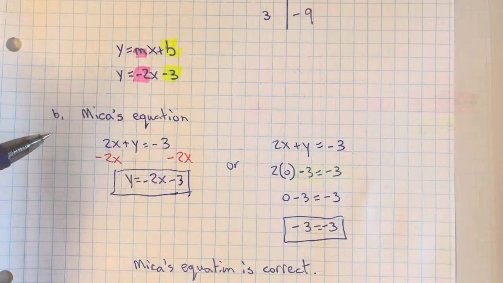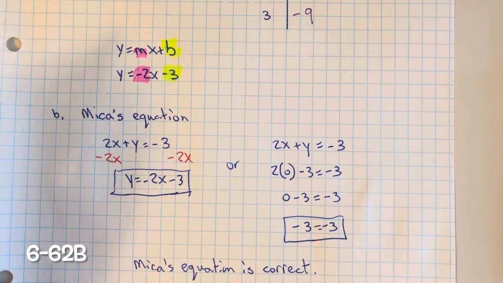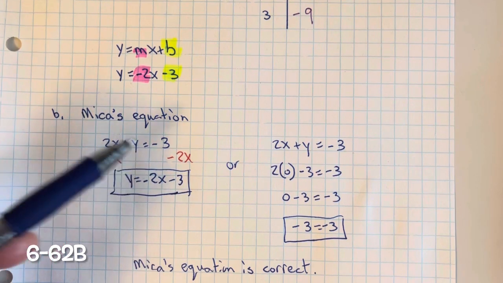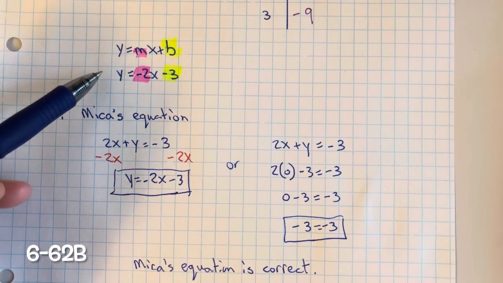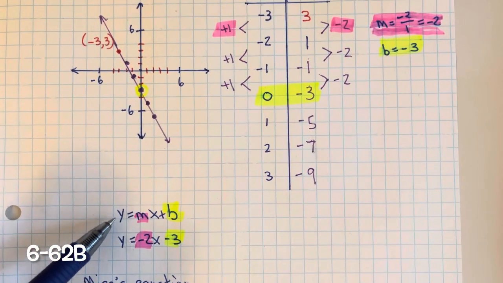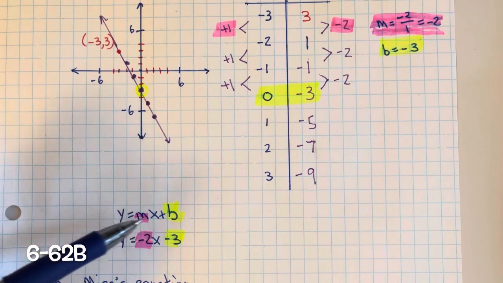Part B, Micah thinks the equation for the graph could be 2x plus y equals -3. Well, our equation that we got up top, remember, a linear function is y equals mx plus b.